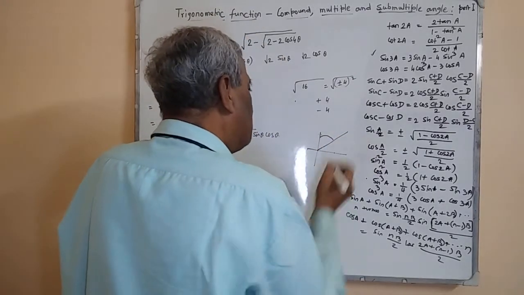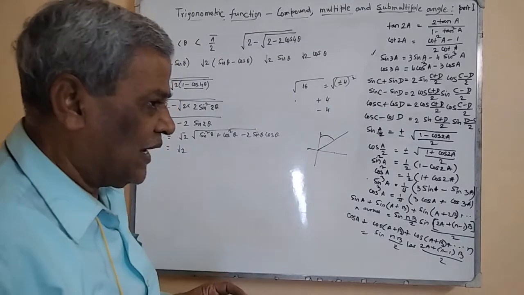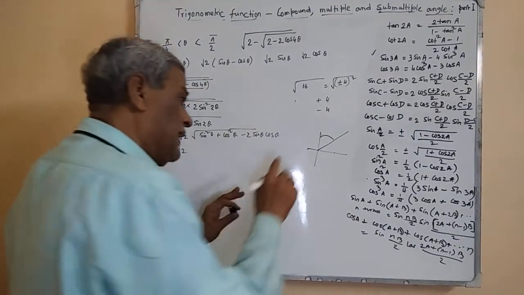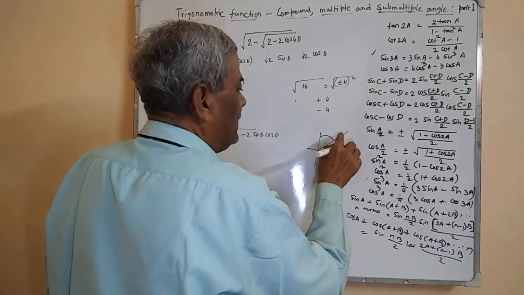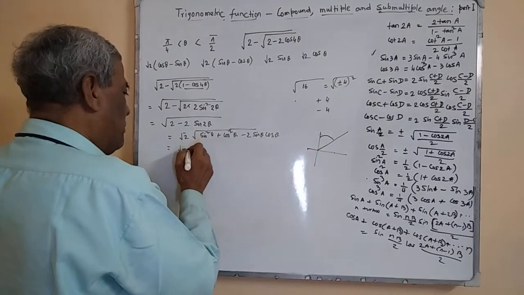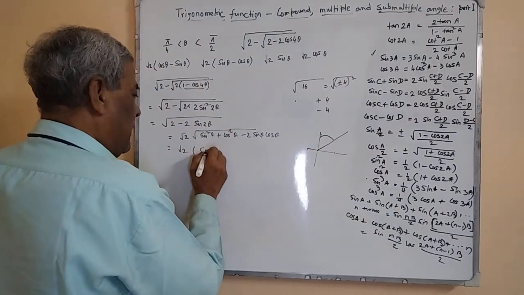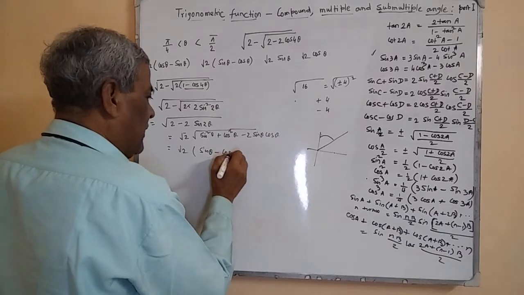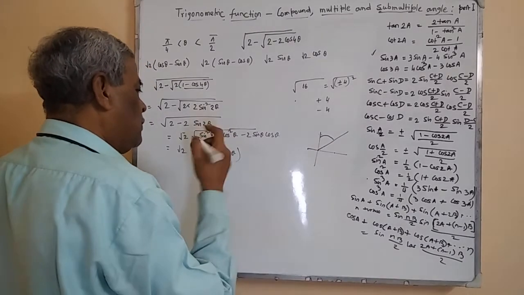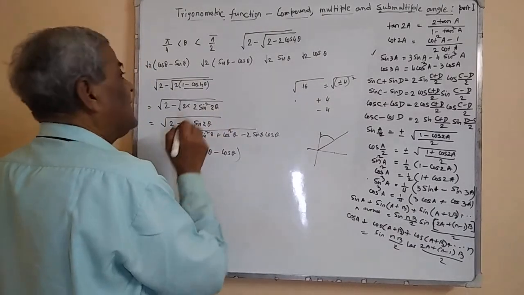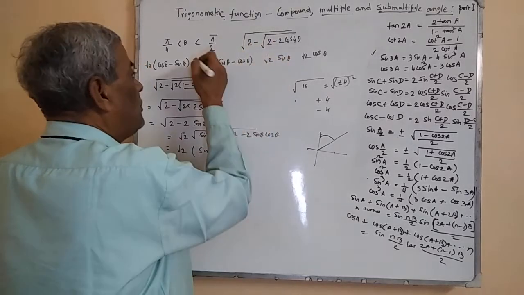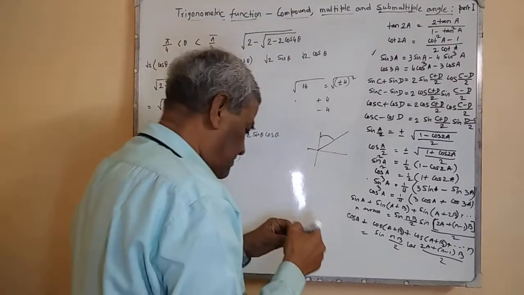And at pi by 4, sine theta and cos theta are both equal. After that, sine theta is greater than cos theta. So I have to take it as sine theta minus cos theta whole square, and the root over cancels. So the answer is that. So I think option B is correct.